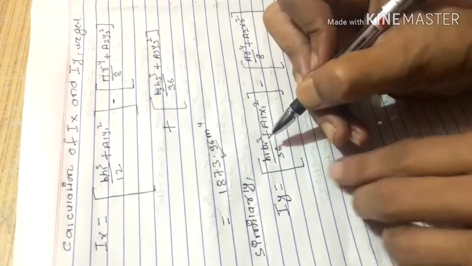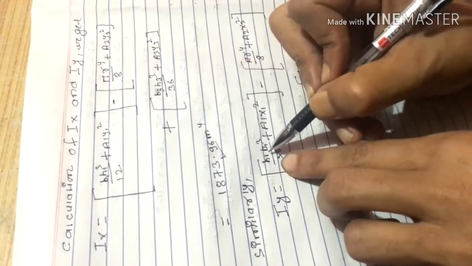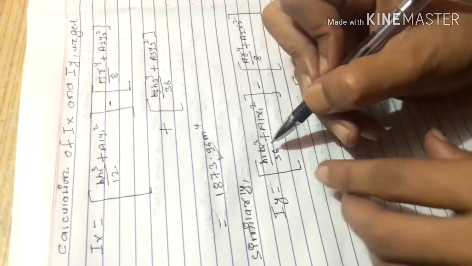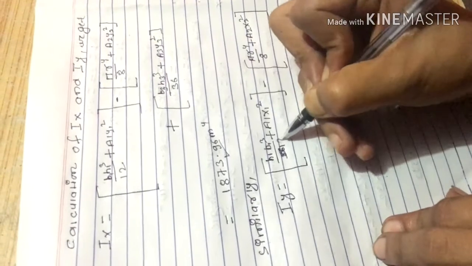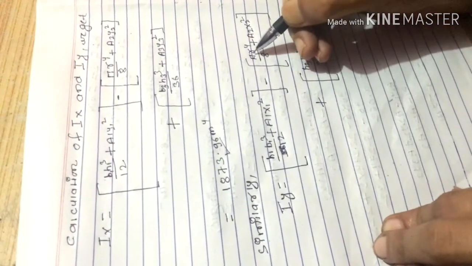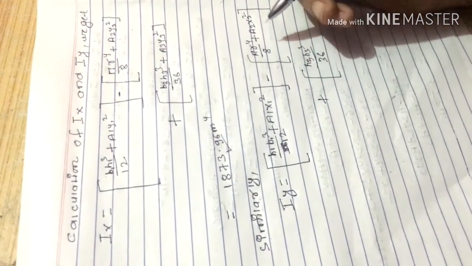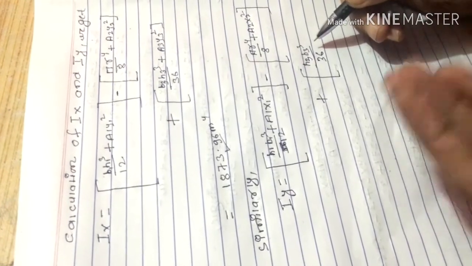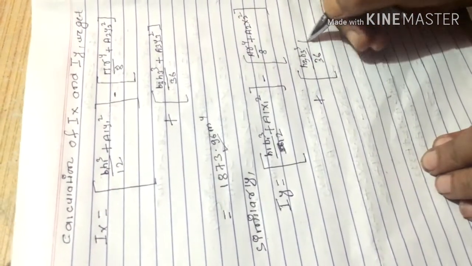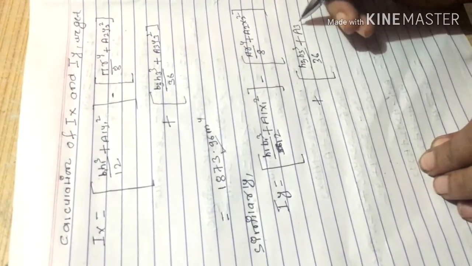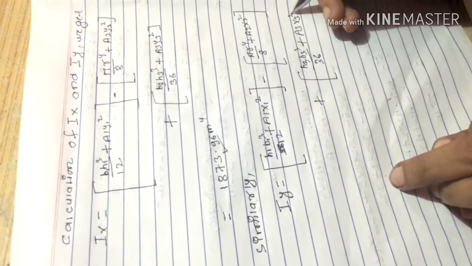Here our first figure is a rectangle, so the moment of inertia of a rectangle about y-axis is given by hb cube by 12, the moment of inertia of the circle is pi r 4 by 8, and the moment of inertia of the right angle triangle is hb cube by 36 plus A3 x3 square.